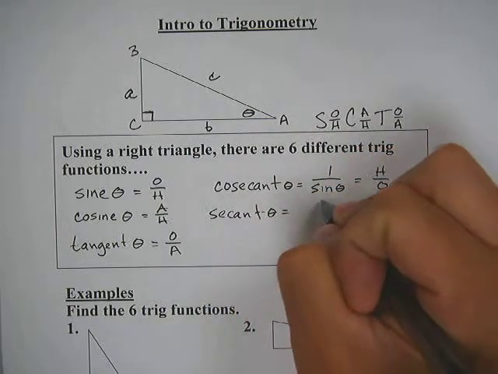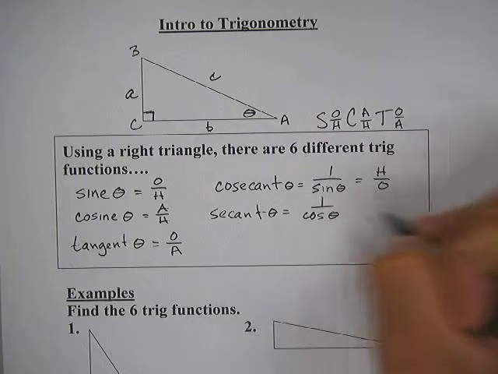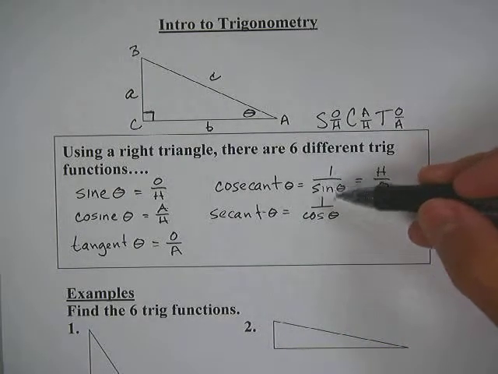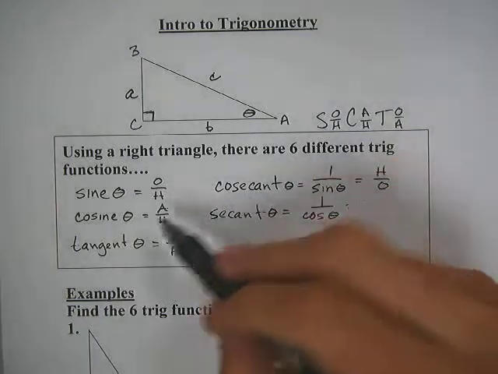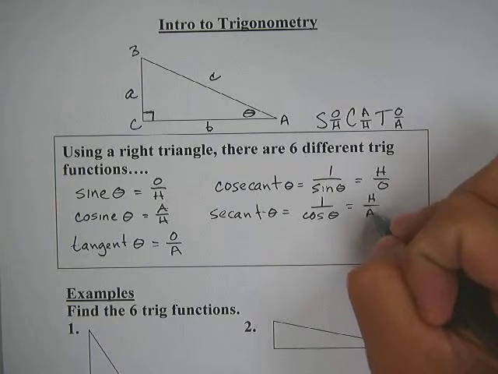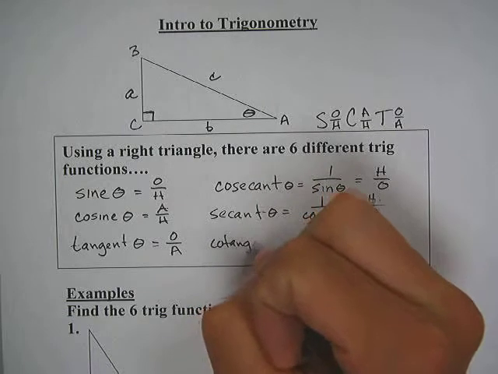The next one is secant of theta, which is 1 over cosine. Notice that I abbreviated sine as sin, S-I-N, and cosine as cos, C-O-S. If cosine is adjacent over hypotenuse, then this one is hypotenuse over adjacent.